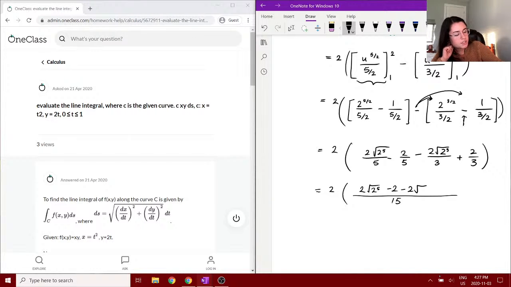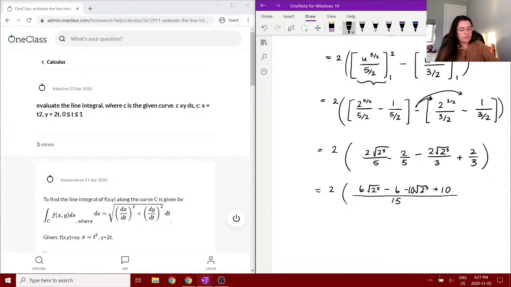That just will change to positive. 2 times 3 plus 2. Oh, I forgot to change every coefficient here. So in order to change that to a 15, we need to multiply it by 3. Can't forget. Minus 6, and then for this one, to change it to a 15, we need to multiply by 5. So we have 10 plus 10.